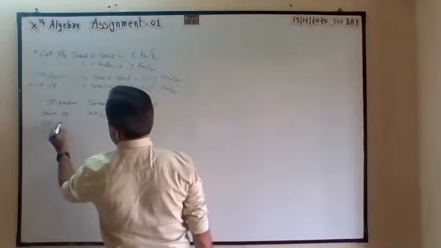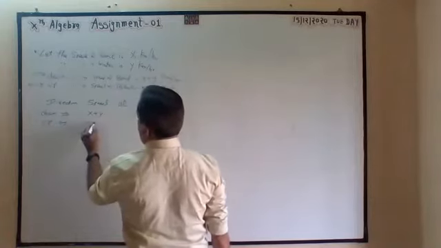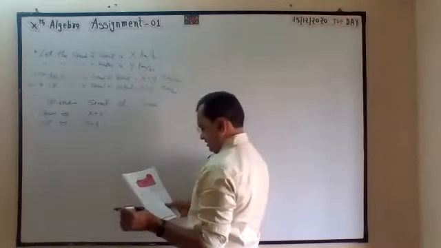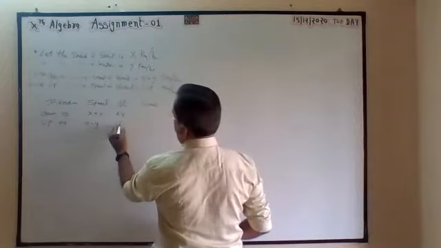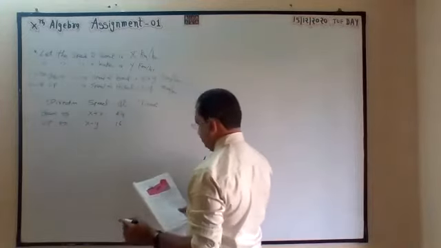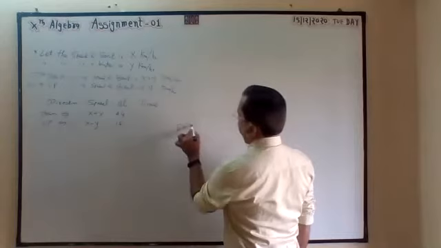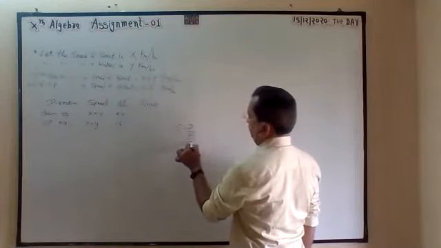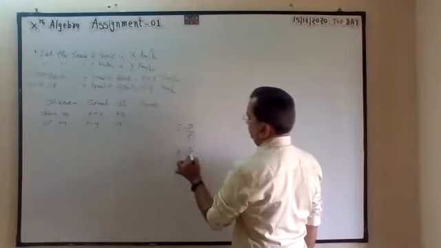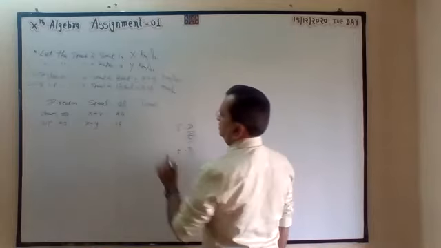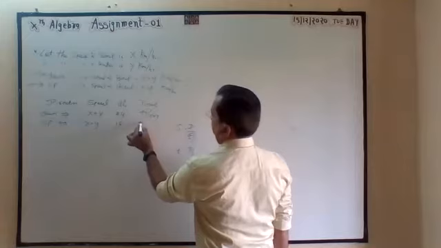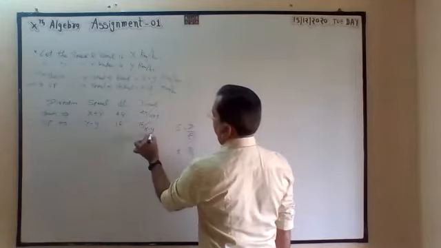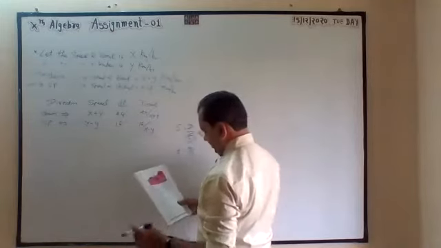Direction upward, opposite, x minus y. Downward it is 24 kilometer. Upward 16 kilometer. So speed is equal to distance by time. So time is equal to distance by speed. So 24 by x plus y, 16 by x minus y.